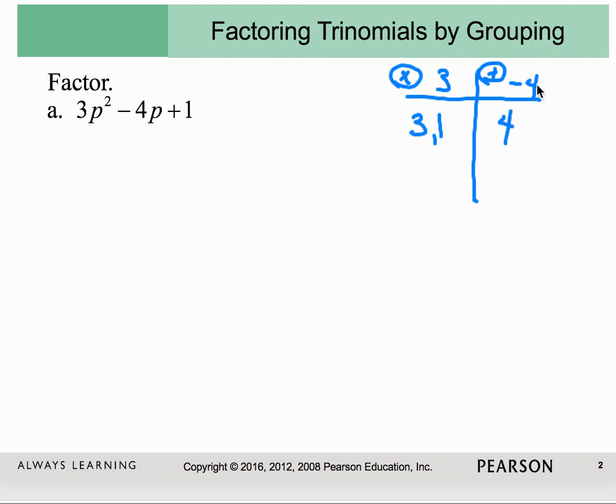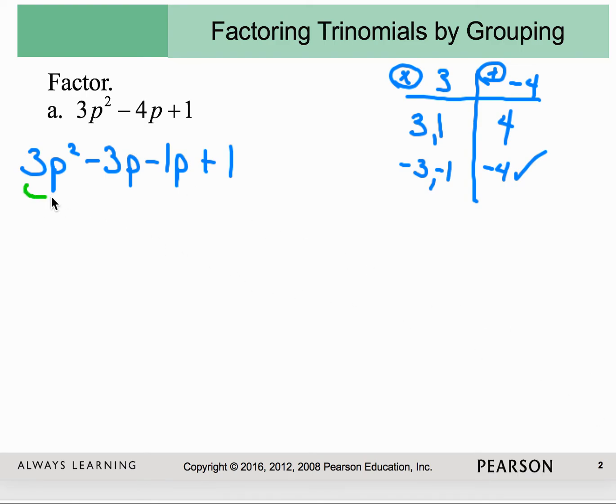So right numbers, wrong signs. -3, -1. Perfect. But if my leading coefficient is not 1, I have to rewrite the problem. -3p minus 1p instead of -4p. It's the same thing, but now I can factor this by grouping.